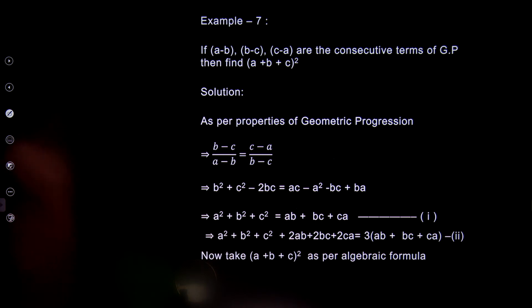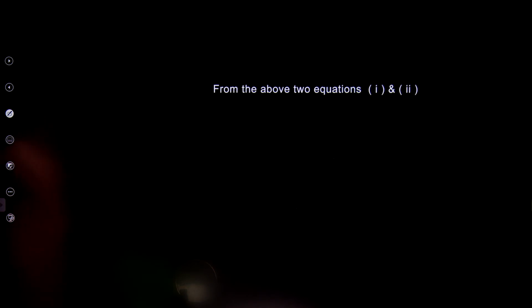Then add both sides 2ab plus 2bc plus 2ca. Then we will get a plus b plus c whole square equals 3 into ab plus bc plus ca. That is the answer.